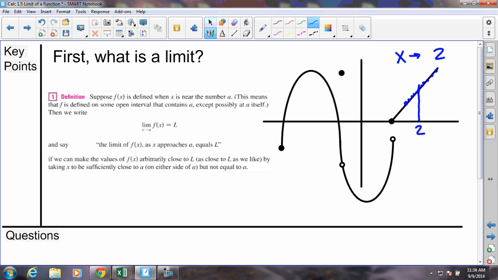What is happening to the height? If we pick x values on either side of 2, they come up and give you heights. Pick x values closer to 2, and you get different heights. Come even closer, and you notice the heights are getting closer together as the x values get closer together.